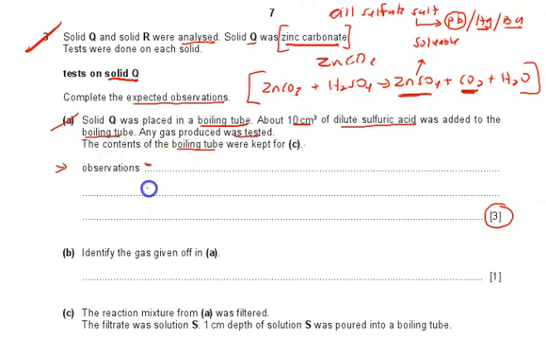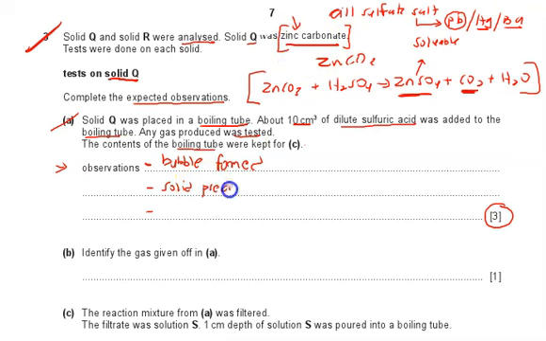Now here the observation is 3 marks, so we need 3 observations. One is you can see there are bubbles. Bubbles appear, bubbles form, and then solid. Solid means this one, right? This zinc carbonate is a solid.